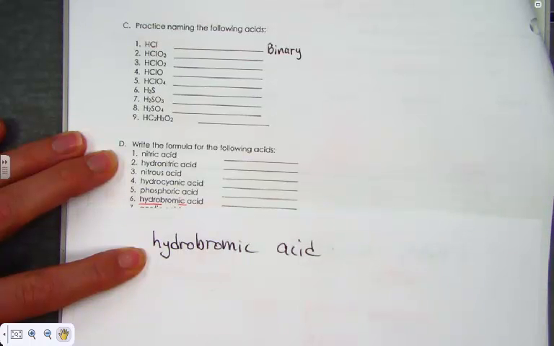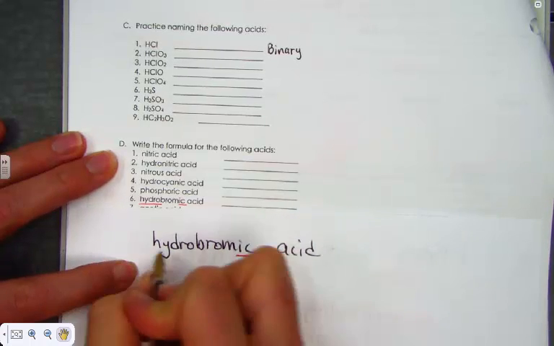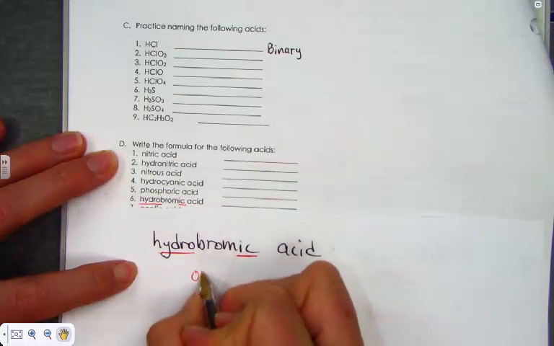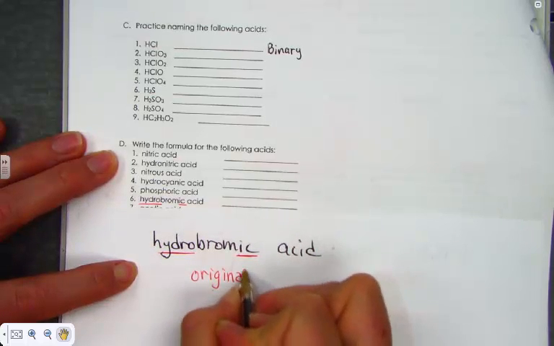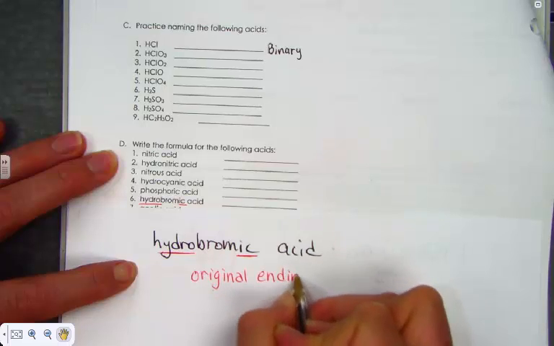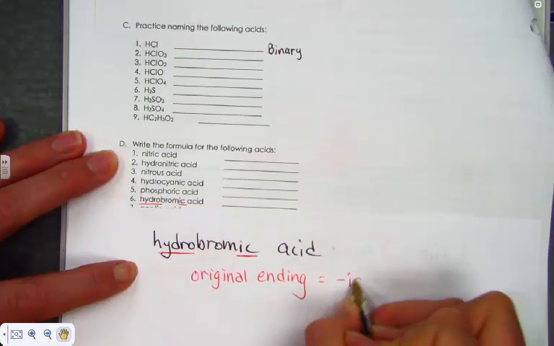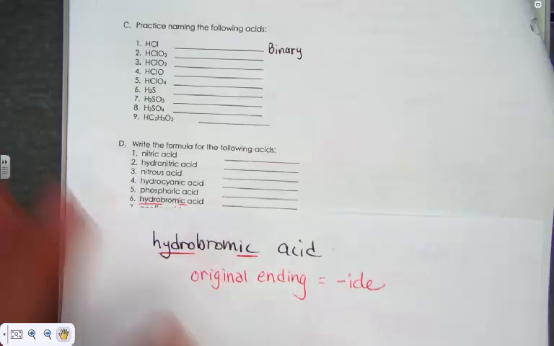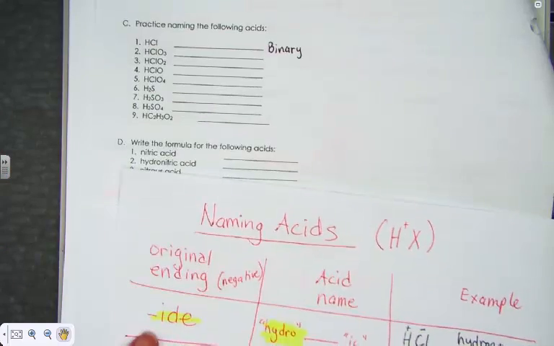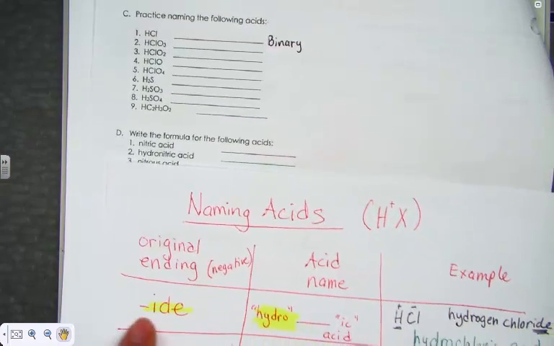I've already underlined the important clues to figure this out. Hydro, root word, ic. What was the original ending? Well, it must have been an IDE. Hydro, root word, ic must have ended in ide.